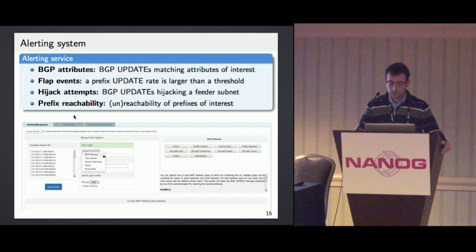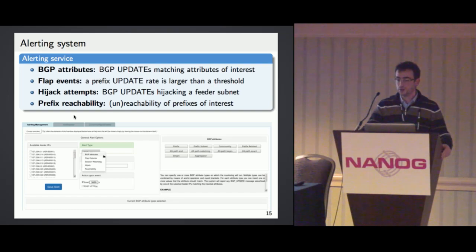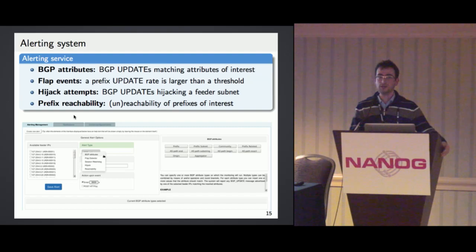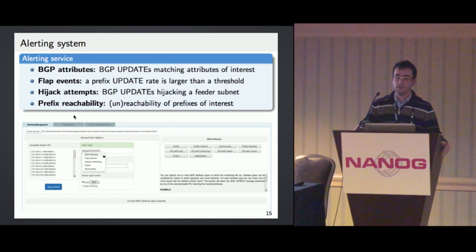With this service, a user is able to set up different kinds of alarms and be advertised when a network anomaly happens. For example, a user may want to be advertised when one of his routers is announcing to Isolario a route toward a particular destination containing a particular subsequence of autonomous systems in the autonomous system path.